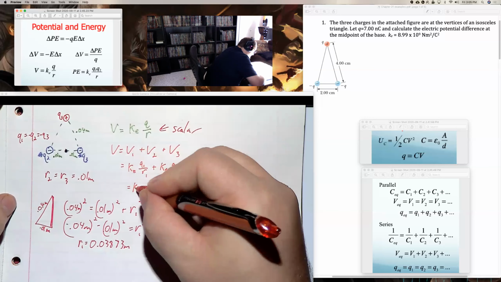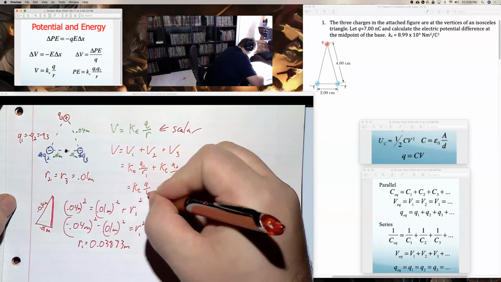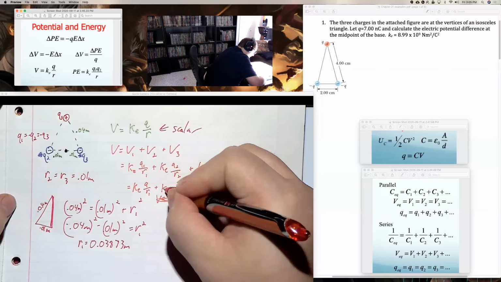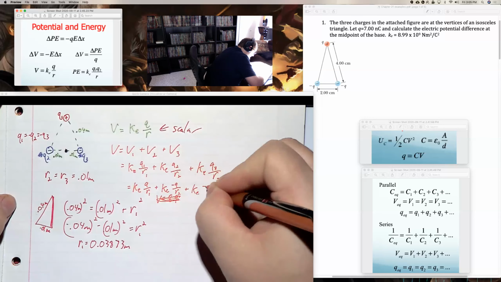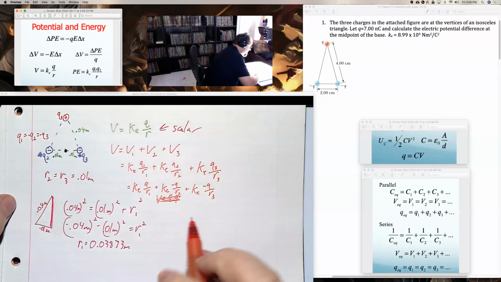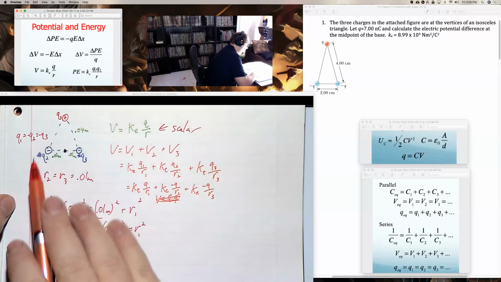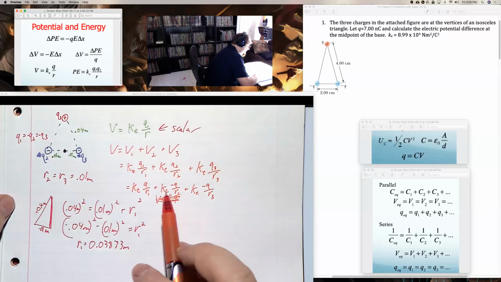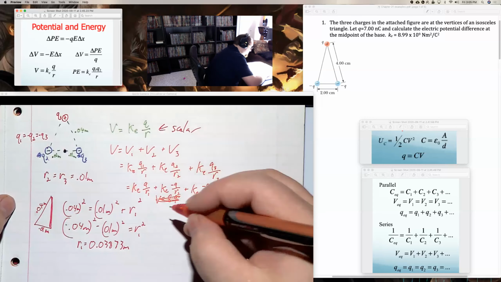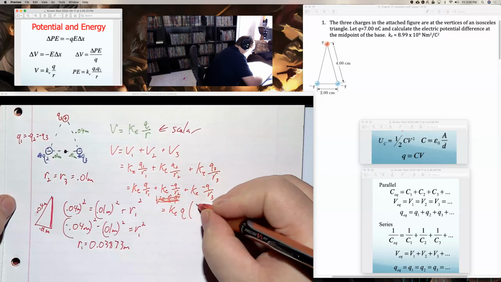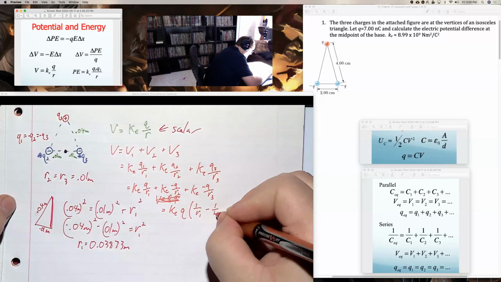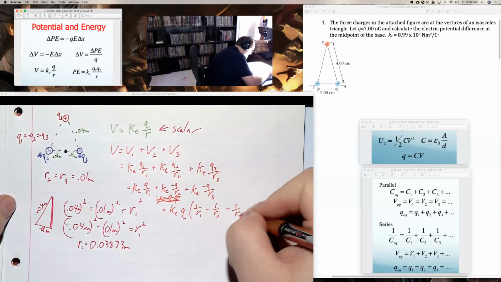So this is the same as k_e Q over R1 plus k_e negative Q over R2 plus k_e negative Q over R3, just because those are the values: Q, negative Q, negative Q. And I'm going to factor out my k_e and Q: 1 over R1 minus 1 over R2 minus 1 over R3.